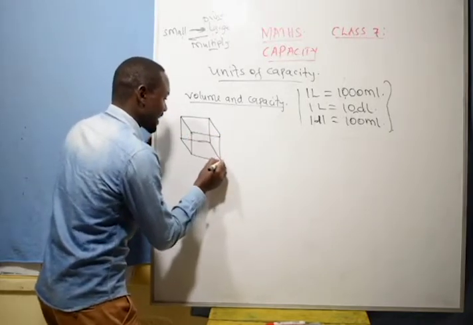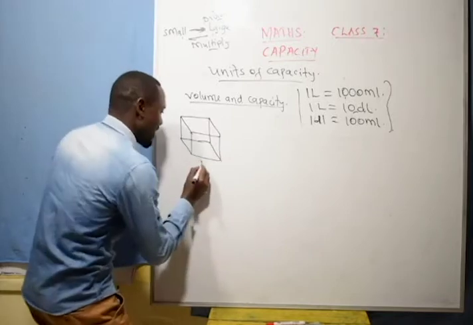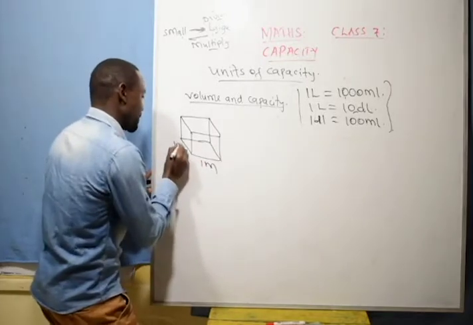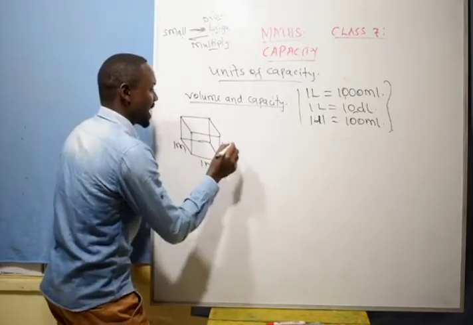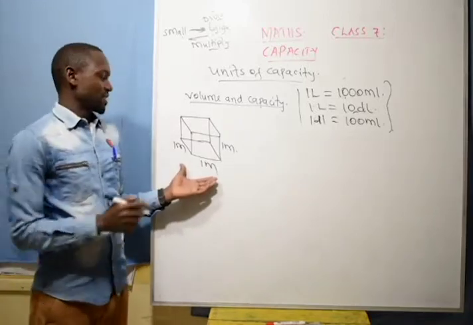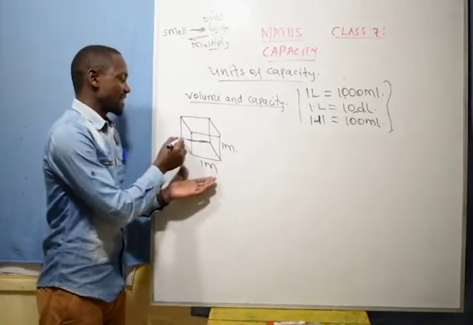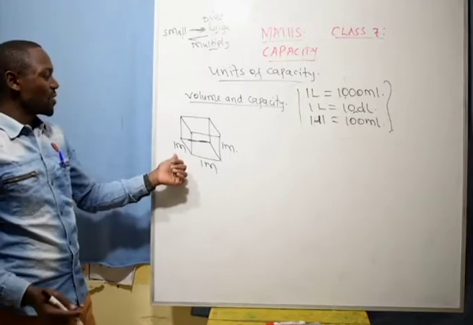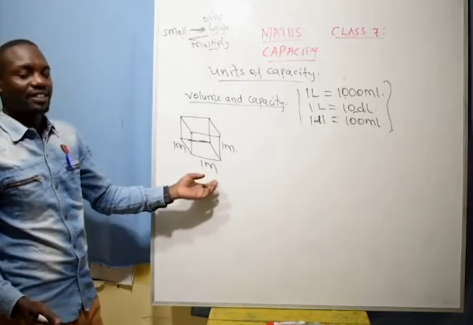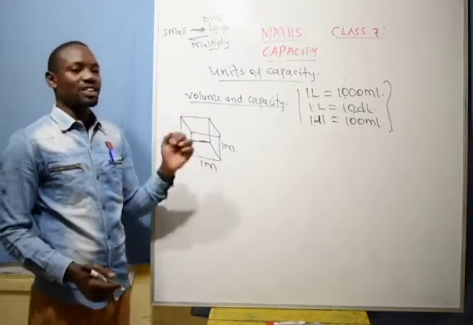This is a water tank that measures 1 meter long by 1 meter wide by 1 meter high. This is a cubic water tank.